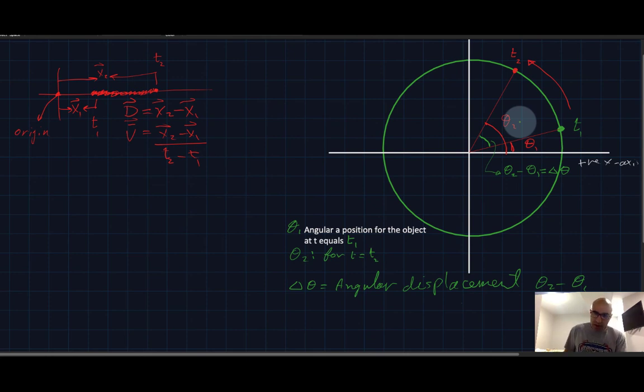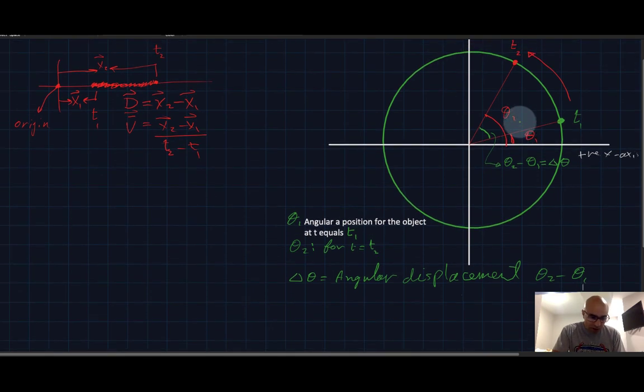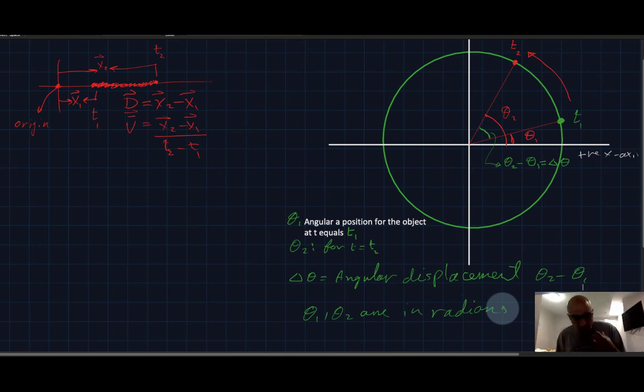That would be incorrect. So theta 1 and theta 2, these angular positions, are all in radians. I don't know if you have heard about radians before or not, but it's an indication of how you measure the angle. Degrees is an indication, radians is an indication. Radians and degrees actually are not units, they are just an indication, as I mentioned.